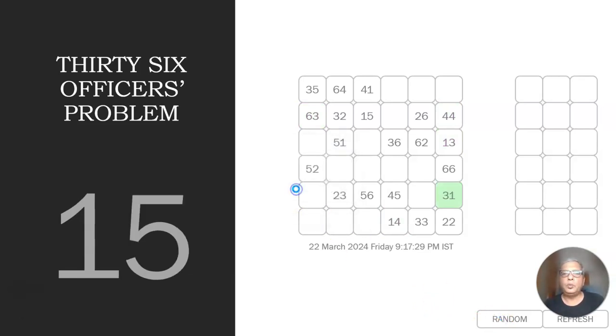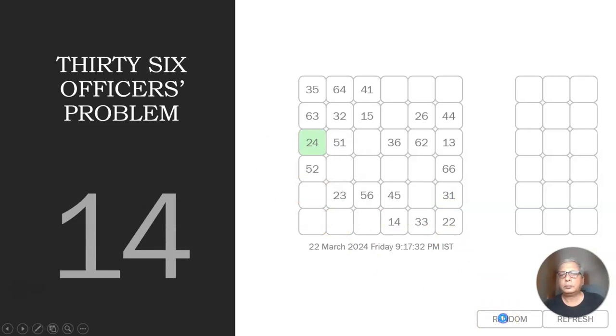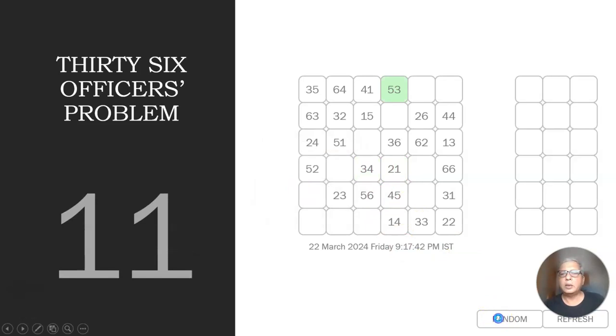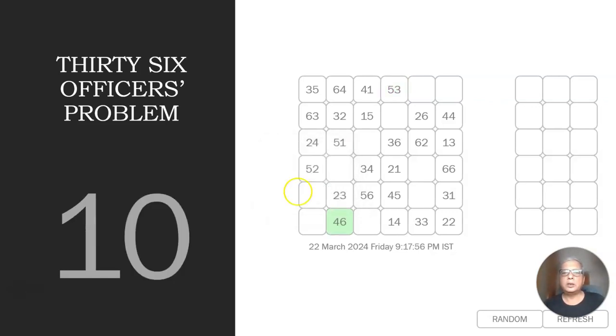Let me see how many we can put. It's trying randomly, selecting a cell and selecting a number and trying to place the number in that cell. So there are still 11 blank cells, and now 10 blank cells.